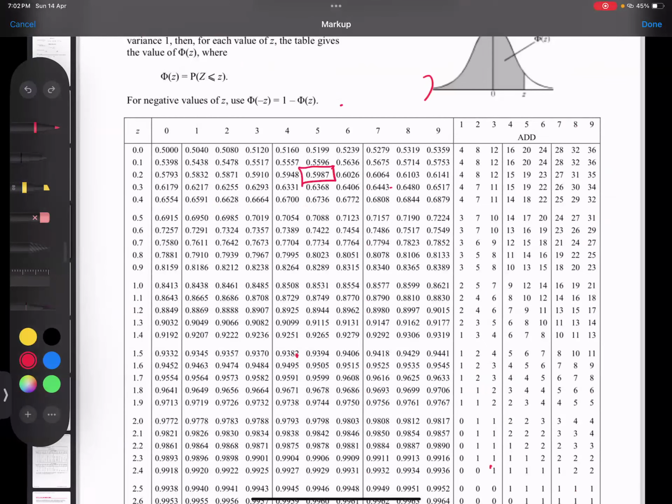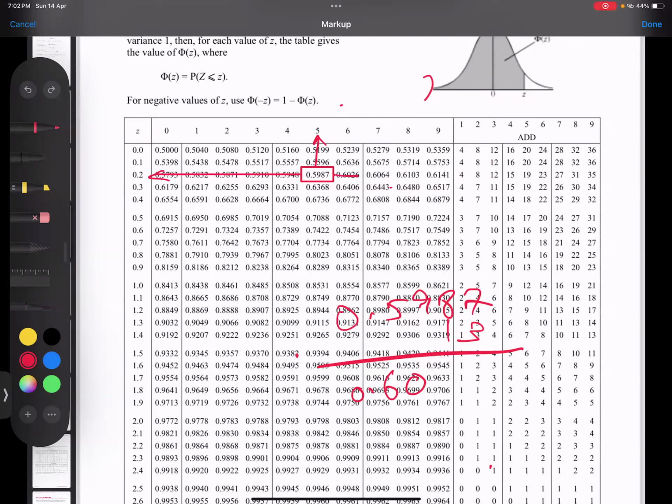So this number is 0.5987. If I add 13, yes, it gave me 0.6. Yes, you can see that if I add 13. So from here I got 0.2. From the top, I got 5. And 13 is where? 13 is close to this 12.